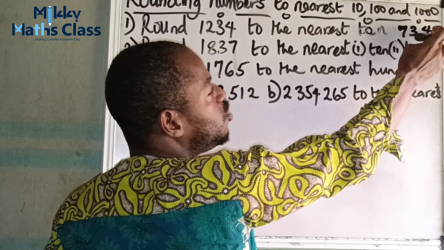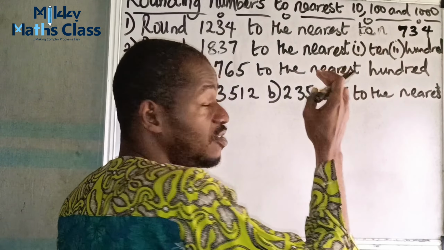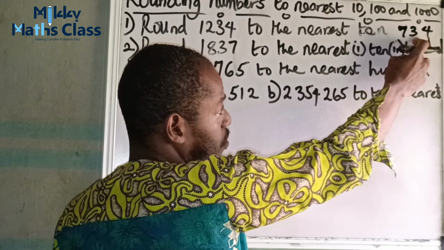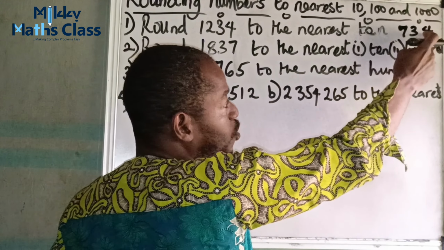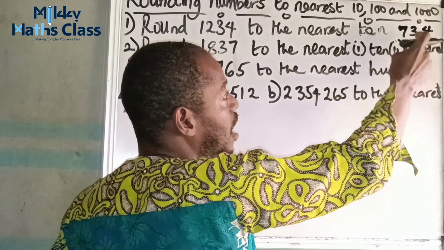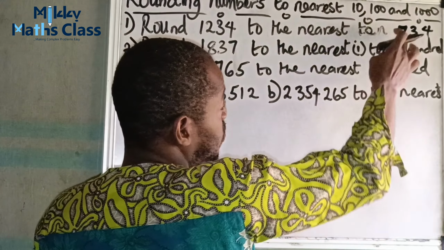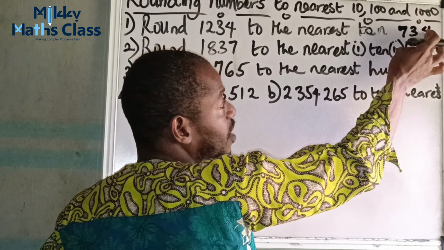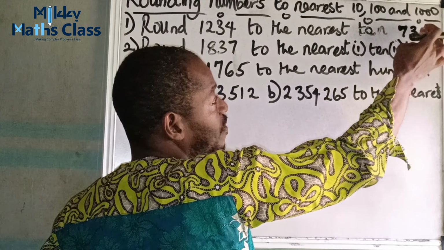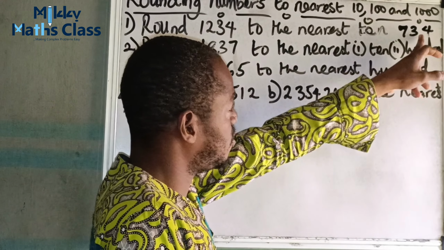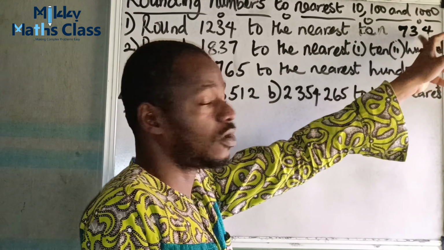If the number in the unit part, or the ones part, is up to 5, I round the number up. But if it is not up to 5, I round it down. 734, if I round it down, will be 730. Assuming here was a number like 5 or greater than 5, if I'm rounding the number to the nearest 10, it will become 740.